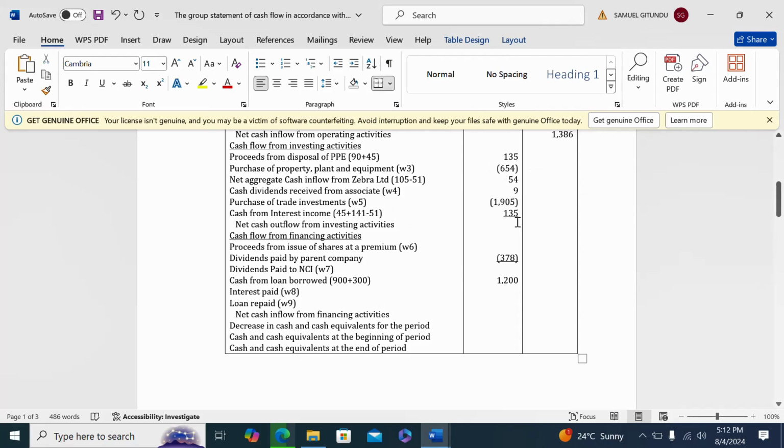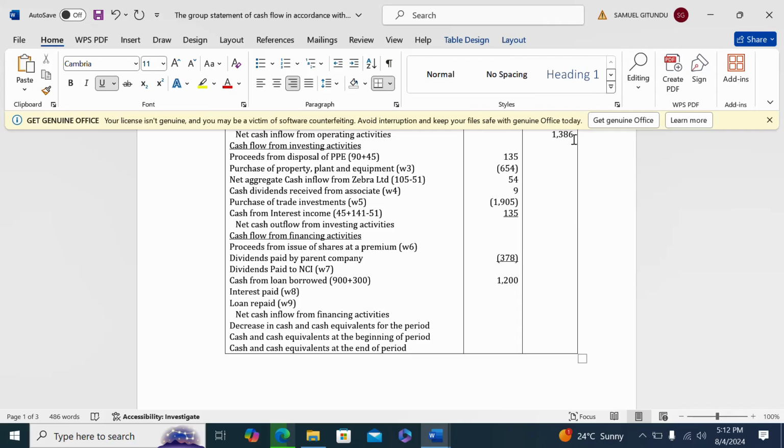So if I add all of this, how much am I going to get as my net cash outflow from the investing activities? So we have 135 minus 654 plus 54 plus 9 minus 1905 plus 135.